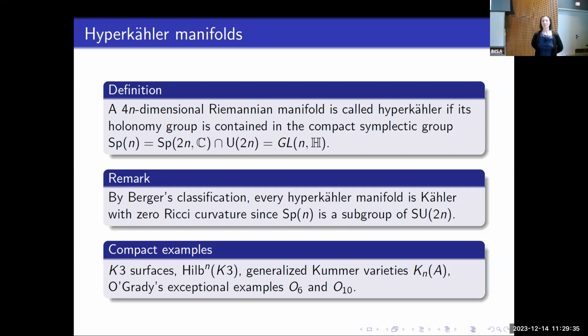And then in complex dimension 6 and 10, we have these sporadic examples due to O'Grady. So these are all the compact examples we know so far in hyperkähler geometry. And of course, we have a lot of non-compact hyperkähler examples that are plentiful.